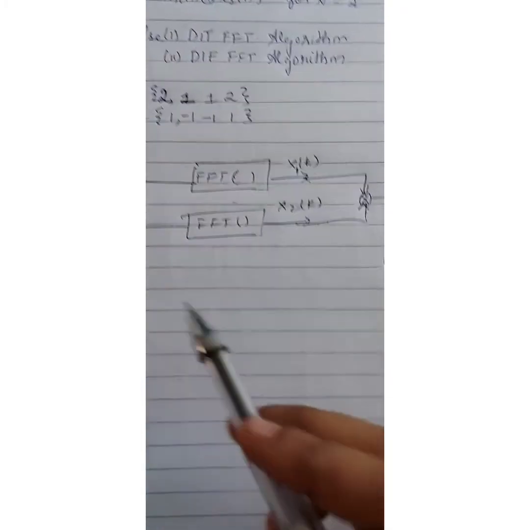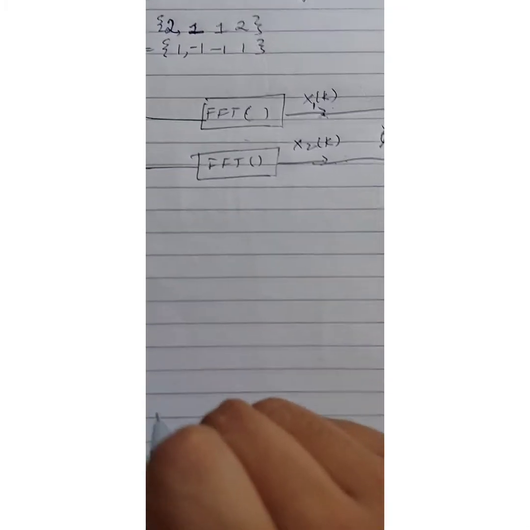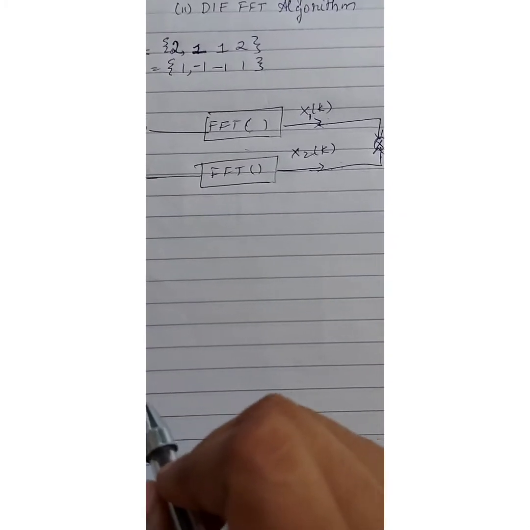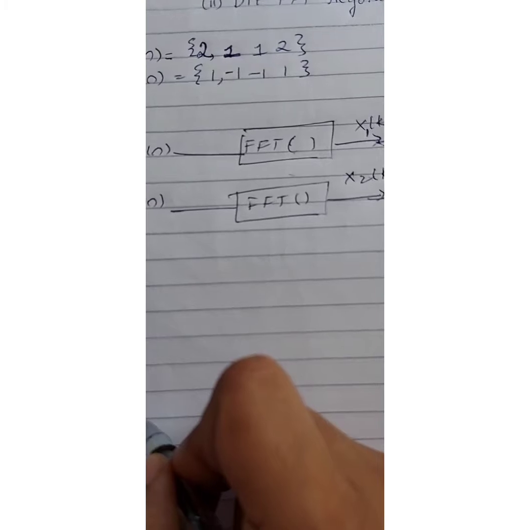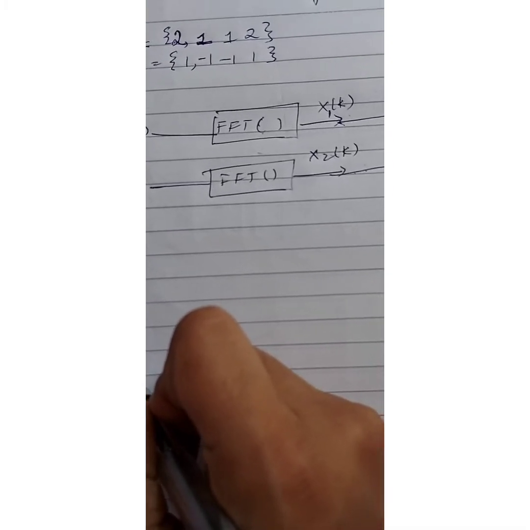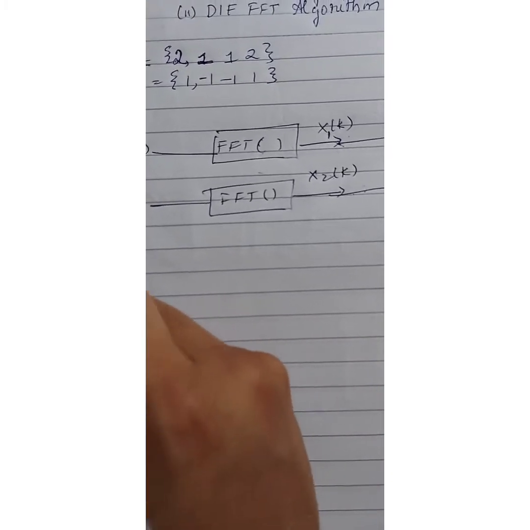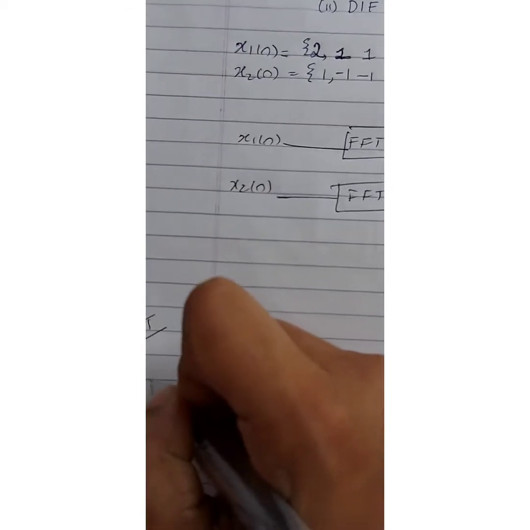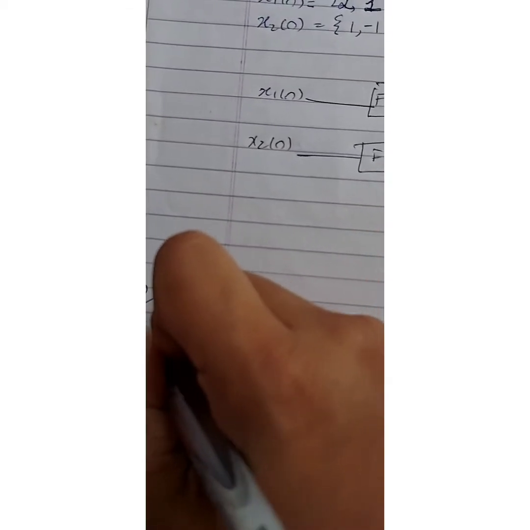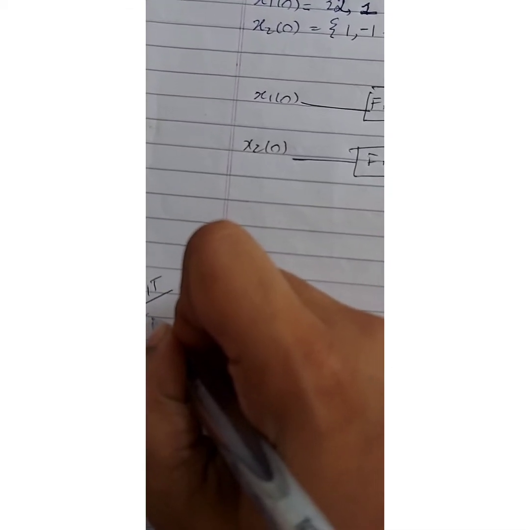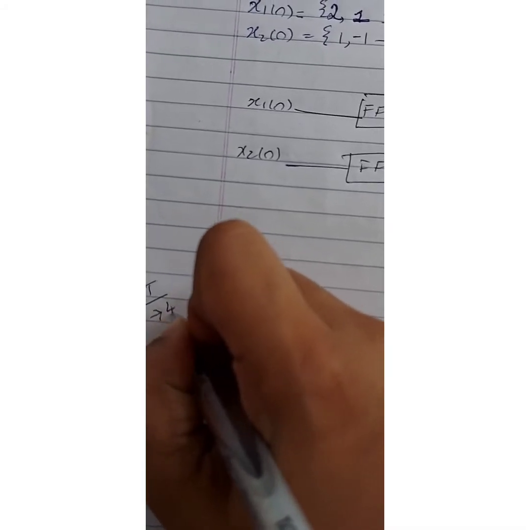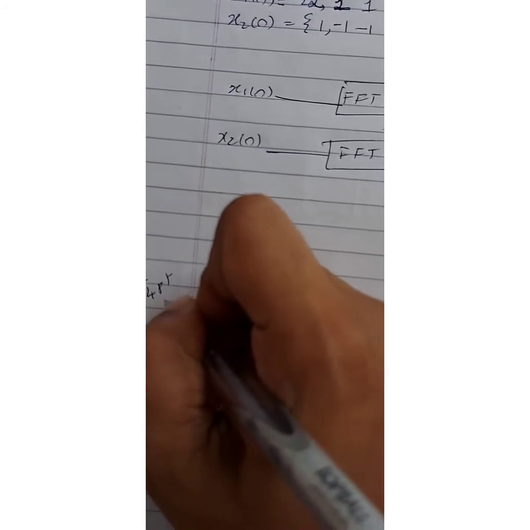That's it. So first let us draw the butterfly structure. In case of DIT, how is the structure? You will have the 2-point butterfly first, followed by the 4-point butterfly. In case of 8-point, you had 2-point, 4-point and the 8-point.